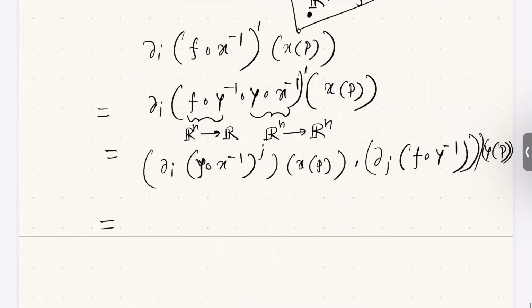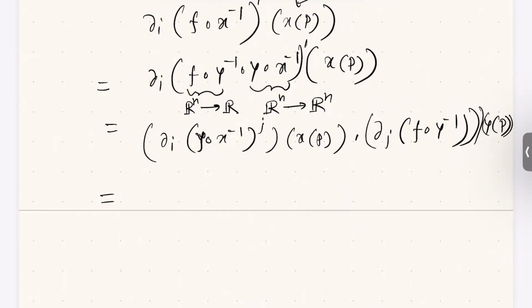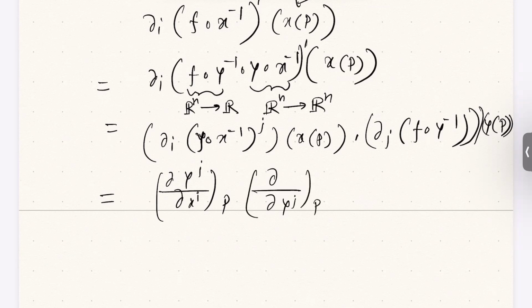But I can translate it to something like this: del yj over del xi at the point P, and del over del yj at the point P on the function f.